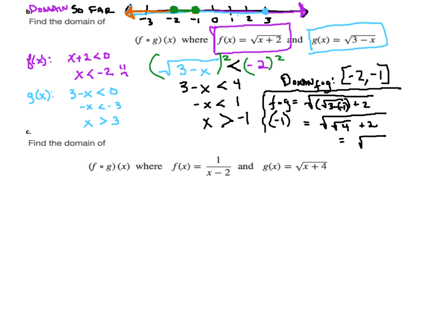The square root of 4 is 2, plus 2, and that's the square root of 4, which is just 2. 2 is a real number, so I'm good to go. Well, we'll leave it at that. All right, same thing for this last one here on this page.